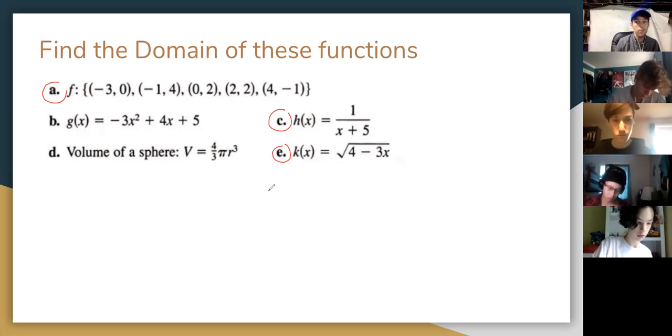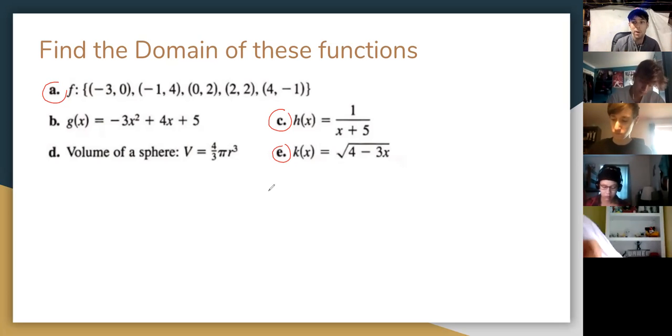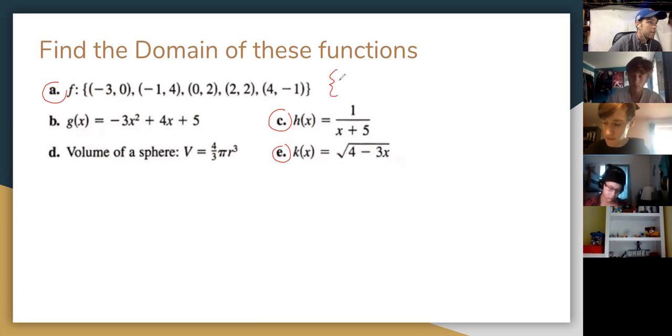So we actually have an example of a discrete function here, A. A is discrete. There's a countable, actually a finite, set number of inputs and outputs. This is a discrete function, just a set of points. The domain is just the inputs, right? So the domain is just going to be all of my different inputs, and looks like they're already in order.